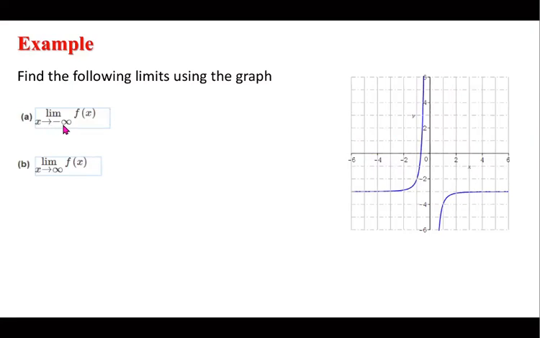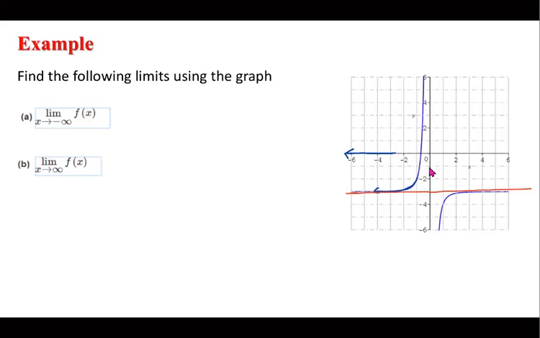So when x goes towards negative infinity, what is this function doing? We are looking at the behavior of the function. We see that this function is getting closer and closer to a horizontal line, which I have shown here in red.